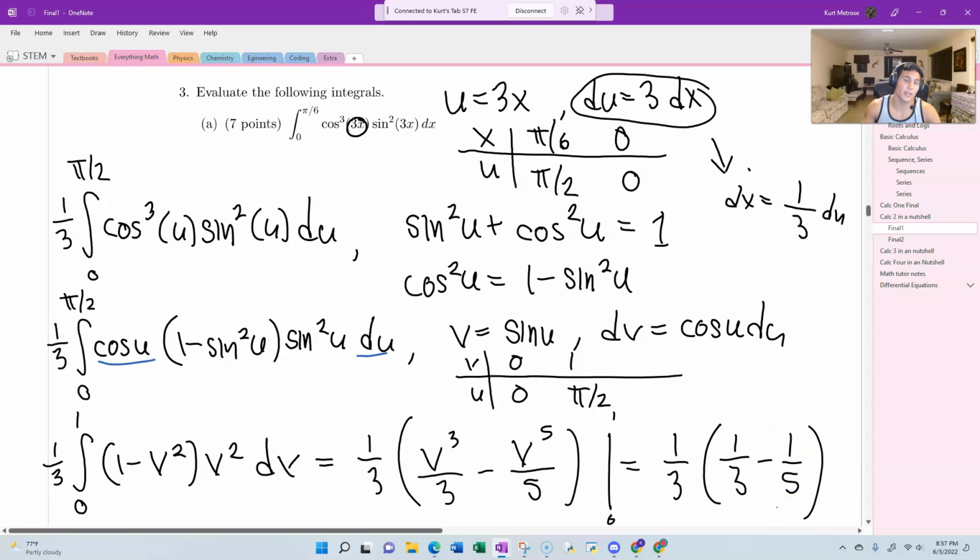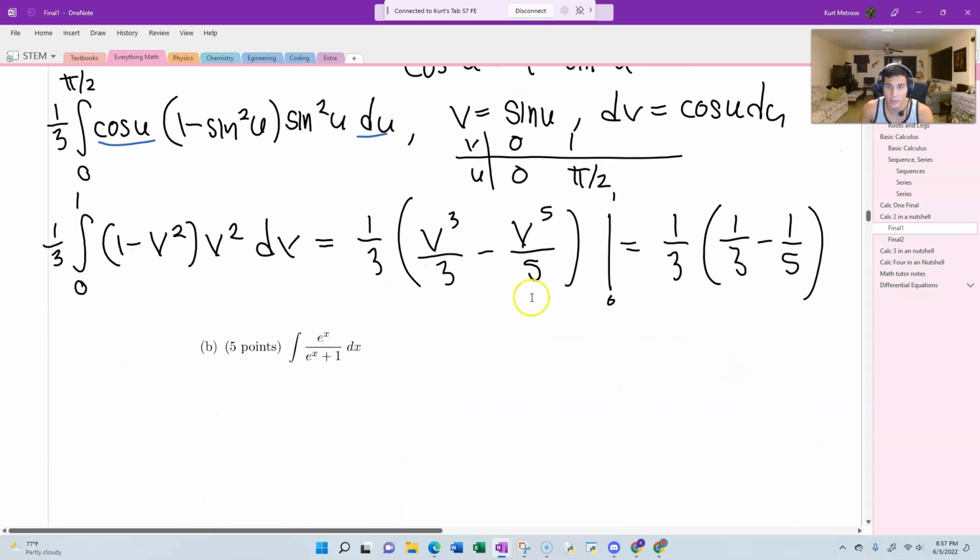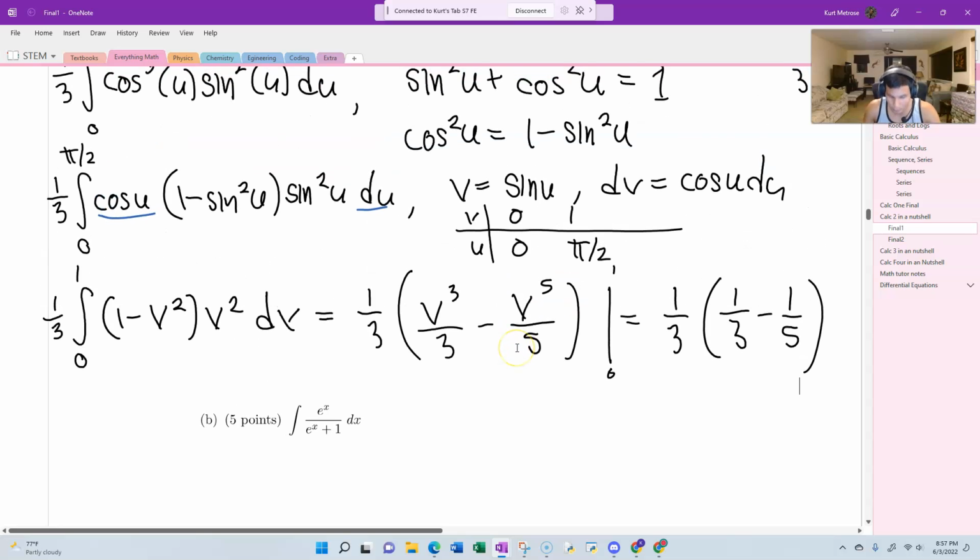Yes, guys, I'm doing a bit of math in my head right here, but this is a simple polynomial, and you could just use the linearity principle of the integral and write it out more if you wanted to see more work, but I'm trying to save you some time. So 1/3 minus 1/5, that's the same thing as 5/15 minus 3/15, so 2/15 times 1/3 on the outside. So 2/15 times 1/3 is 2 over 45. Our answer is 2 over 45.